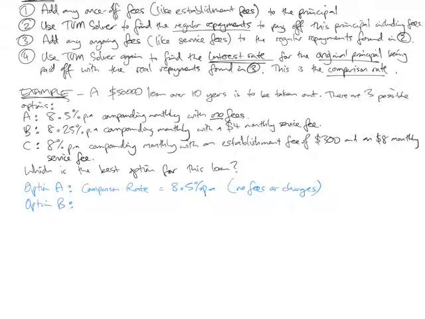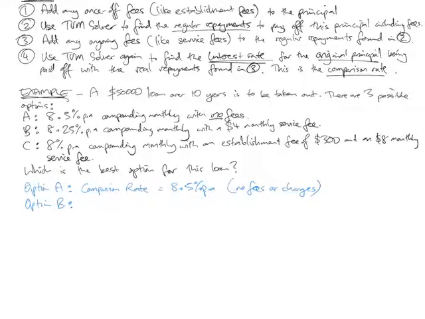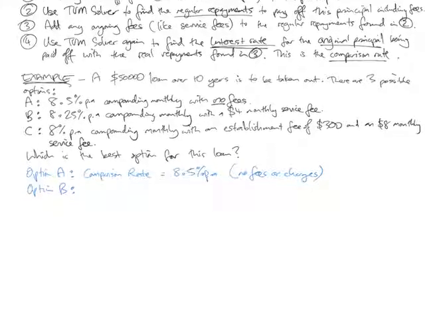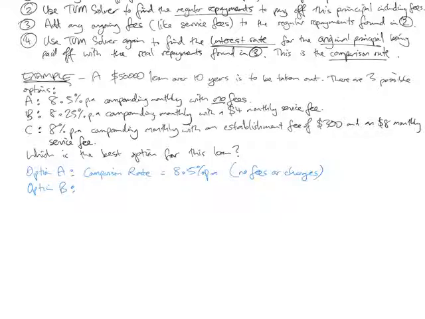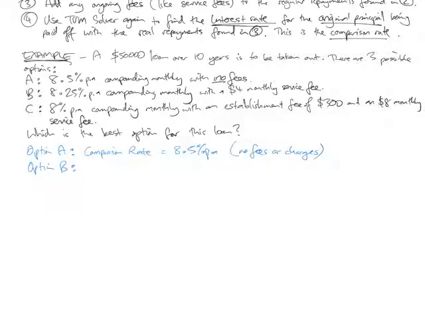Well, we don't have any principal including fees with a once-off payment, so we can skip step 2. Step 3, add any ongoing fees like service fees to the regular repayments found in step 2. So we're essentially going straight from step 1 to step 3. The loan is for 10 years, so we need to use TVM Solver.